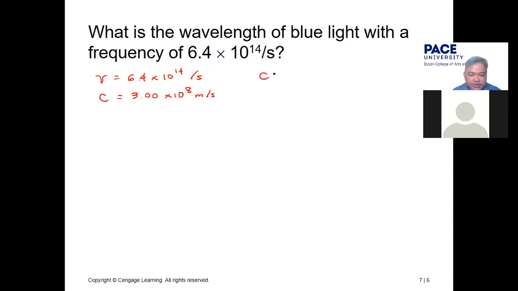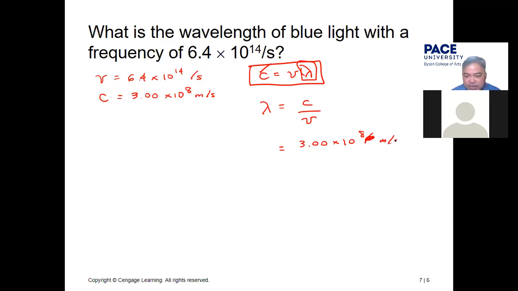So this is the relationship that you have. What are we going to do? This one is given, this one is given, and you are asked for the wavelength. So you rearrange them and put in the given values: 3.00 times 10 to the 8 meters per second divided by 6.4 times 10 to the 14 per second.